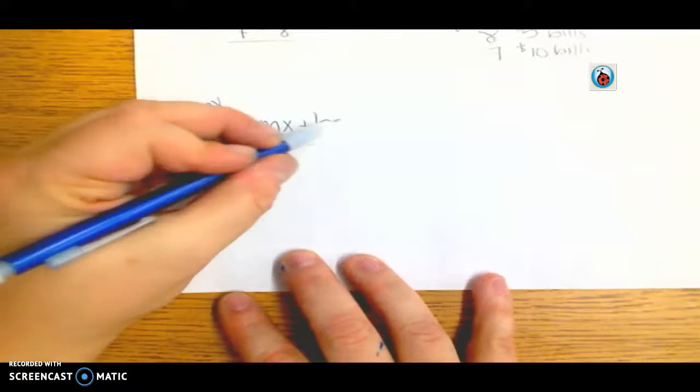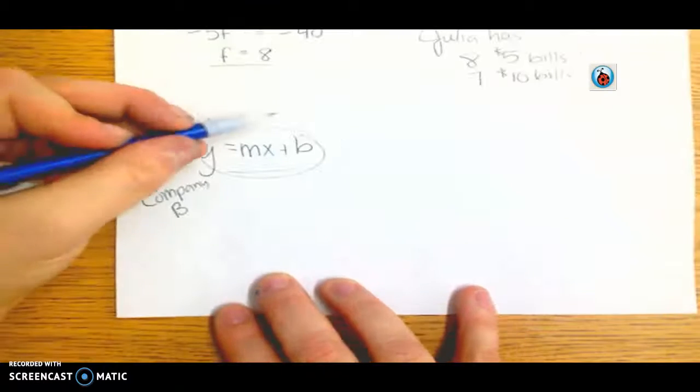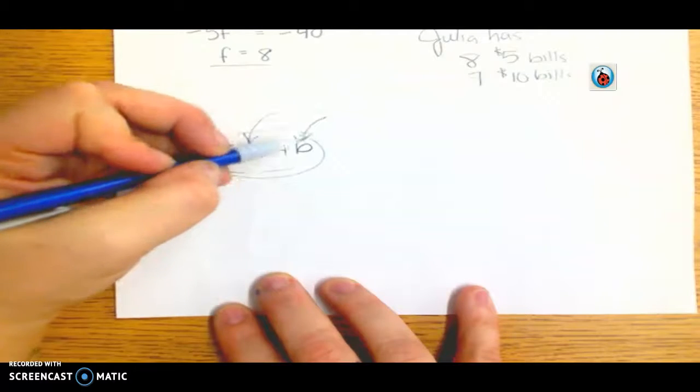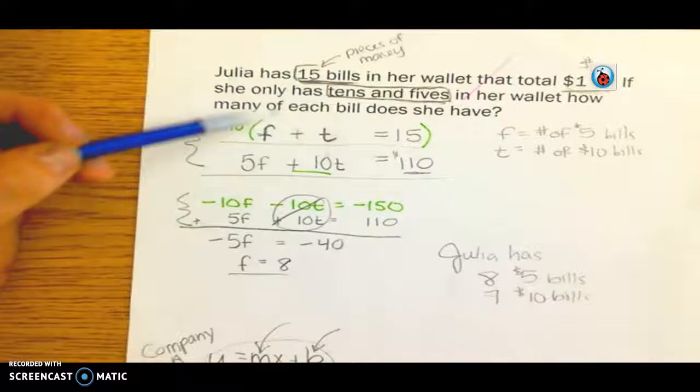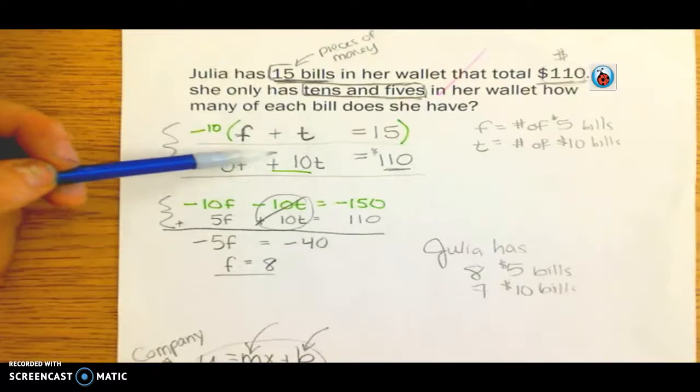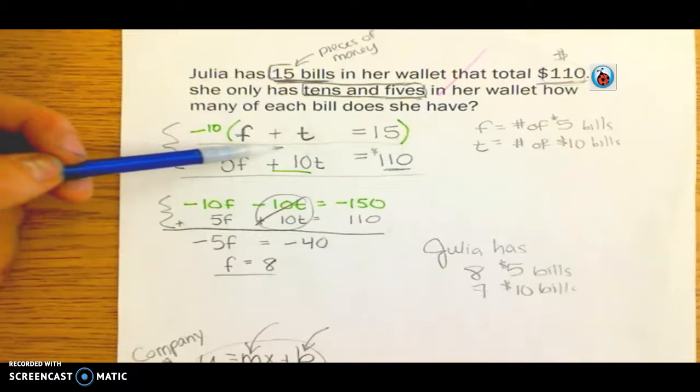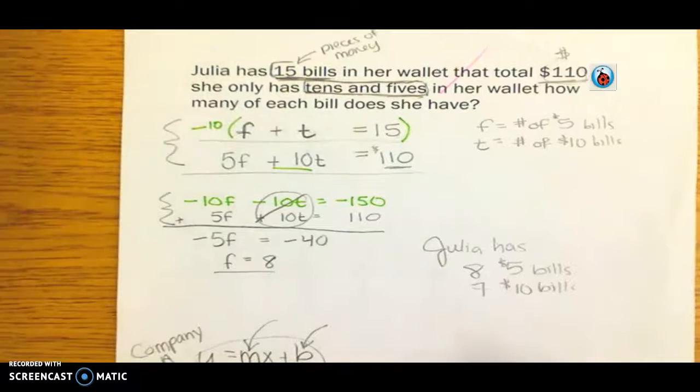So remember, if you're using this format, you're going to be given one rate of change and maybe a starting point, okay? Whereas this format, you've got some sort of relationship happening between two unknown things. So keep your eyes open for that and think about that as you approach your word problems. All right. Happy math solving.